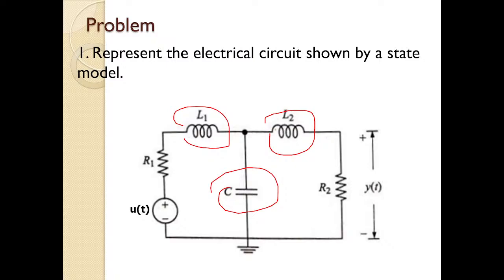Okay, so what are those state variables? We can just assume the current due to inductor L1, I1, next the current due to inductor L2, I2, and another one is the voltage across the capacitor C. So the state variables are I1, I2 and Vc. Okay, and we know what is the notation for state variable.